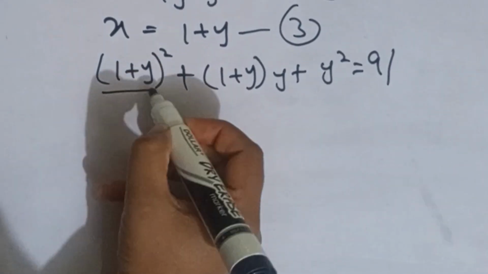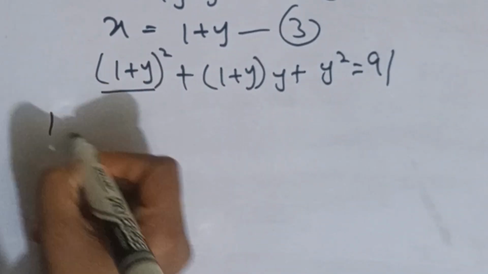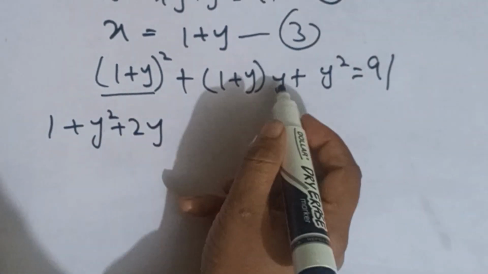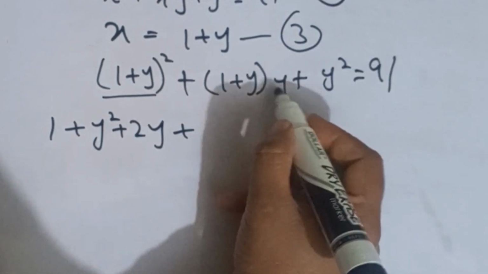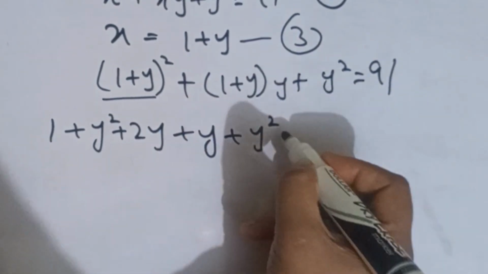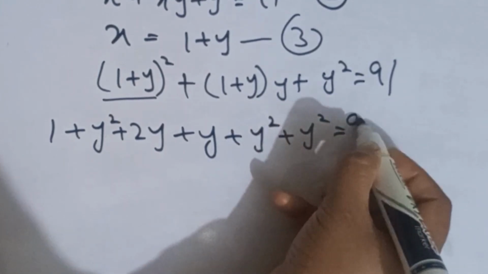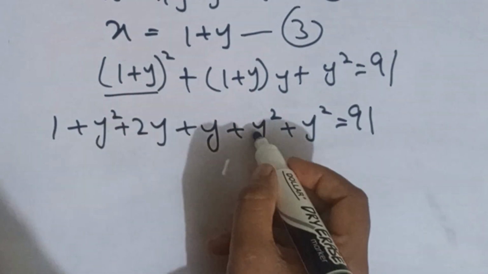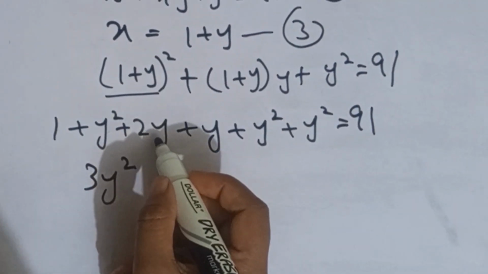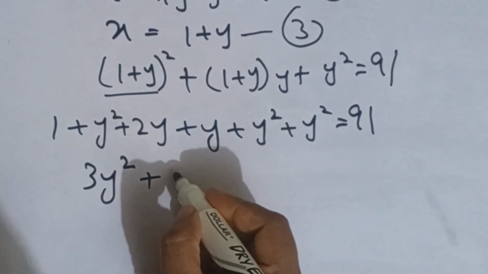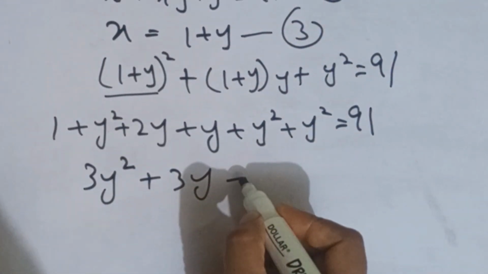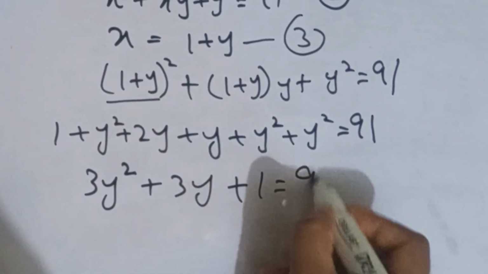So now we write this as 1 plus y square plus 2 times y, plus multiply this y by 1, we get y, multiply this y by y, we get y square, and plus y square is equal to 91. So y square and plus y square will become 3 times y square, plus 2 times y plus y is equal to 3 times y, plus 1. This is equal to 91.